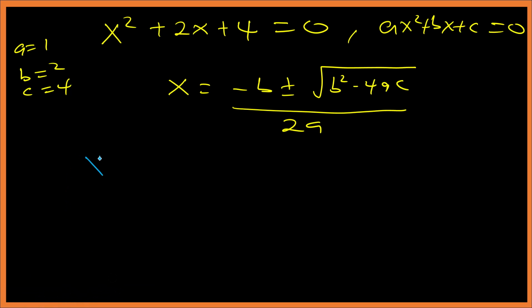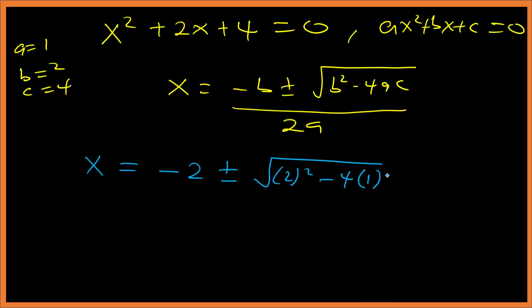So let's start. b is 2, so we have minus 2 plus or minus the square root of 2 squared minus 4 times 1 times 4, c is 4, over 2 times 1.